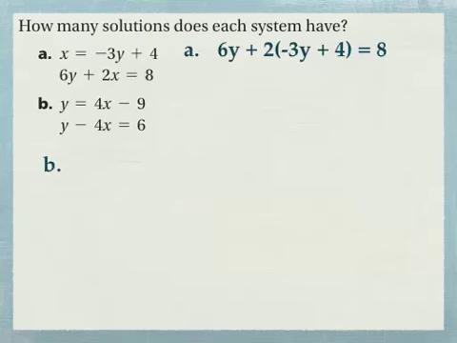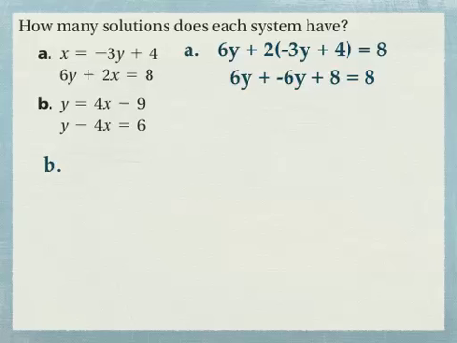When you plug it in, remember parentheses: 6y plus 2 parentheses negative 3y plus 4 equals 8. Go ahead and distribute your 2, and you get 6y plus negative 6y plus 8 equals 8. When you go to combine your y's, you have 6y minus 6y.